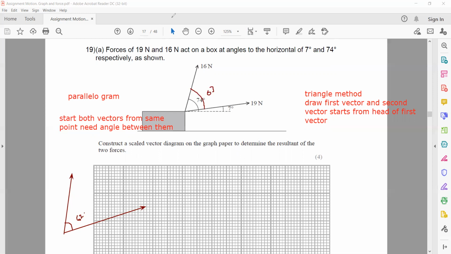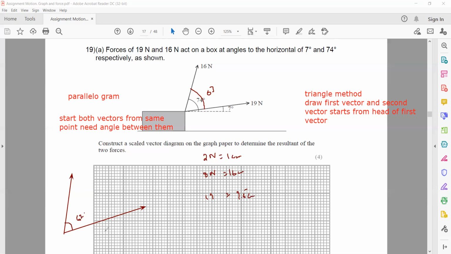Then open the compass. Like if I select the scale here that 2 Newton is equal to 1 centimeter, so 8 Newton will be 16 centimeter and 19 Newton will be 9.5 centimeter.